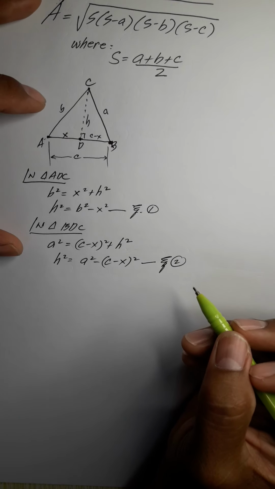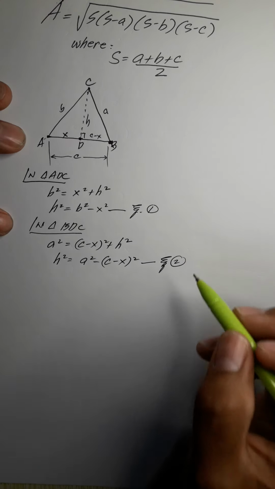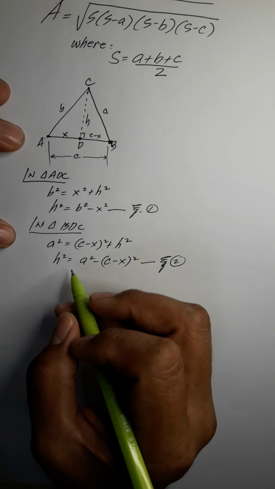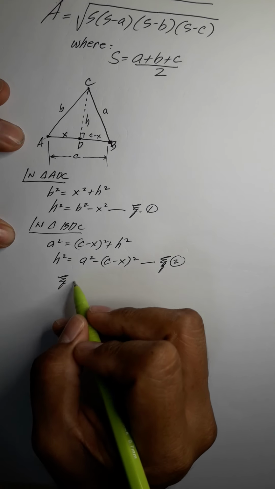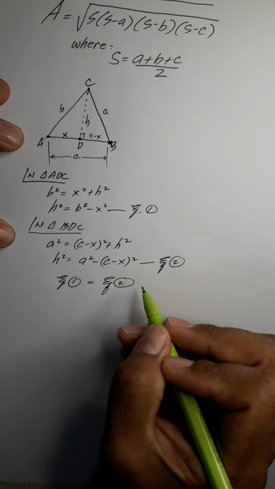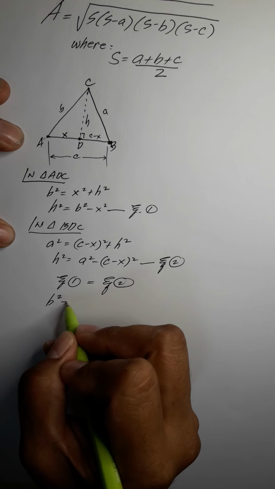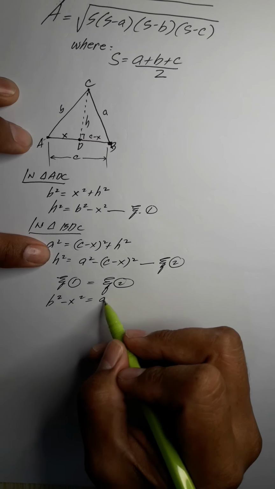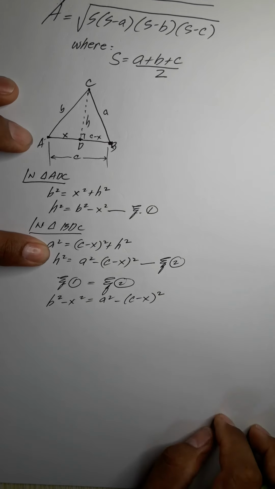Now, since equation 1 and equation 2 are equal, we can equate them. So b squared minus x squared is equal to a squared minus (c minus x) squared.